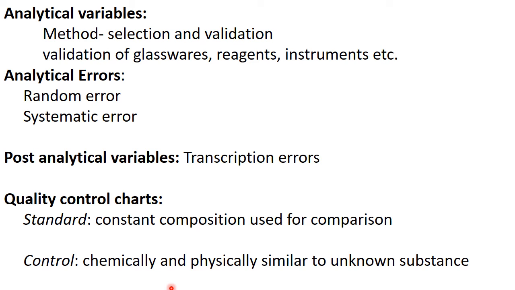The aim of validation of the test and calibration method is to demonstrate that the method is fit for desired purpose and that results have acceptable reliability. So that was variables of analytical procedures.